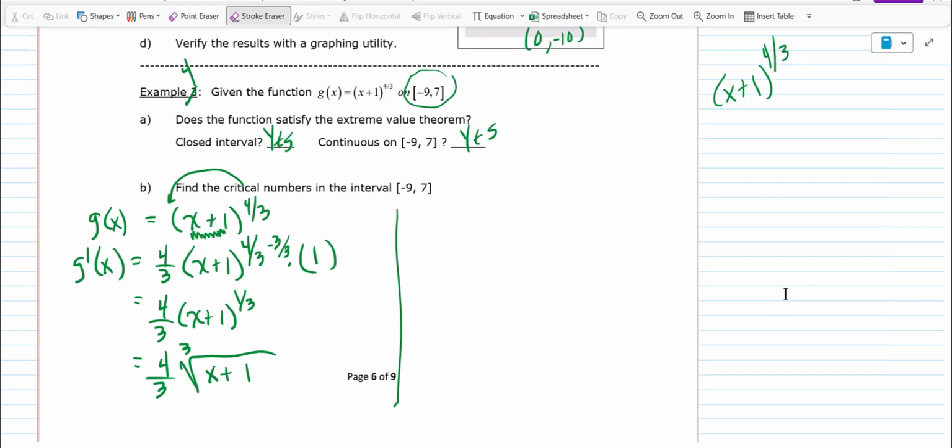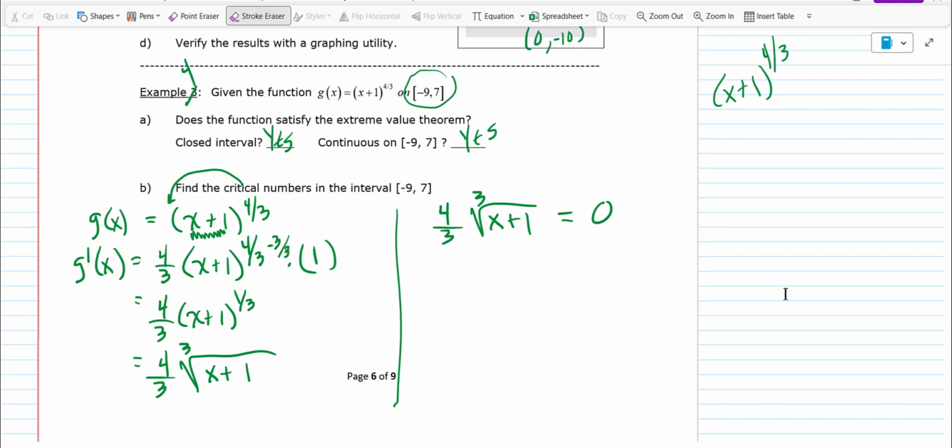Okay, so what we want to do is take that derivative and set that equal to 0. Now, one thing that's always good is you can do this in your head. I mean, what value would you plug in for x that would make the whole thing 0?